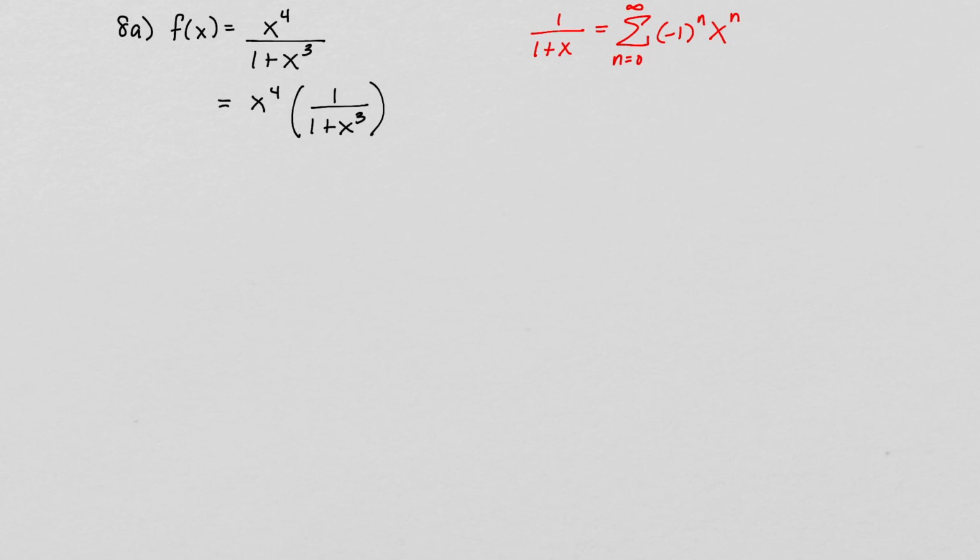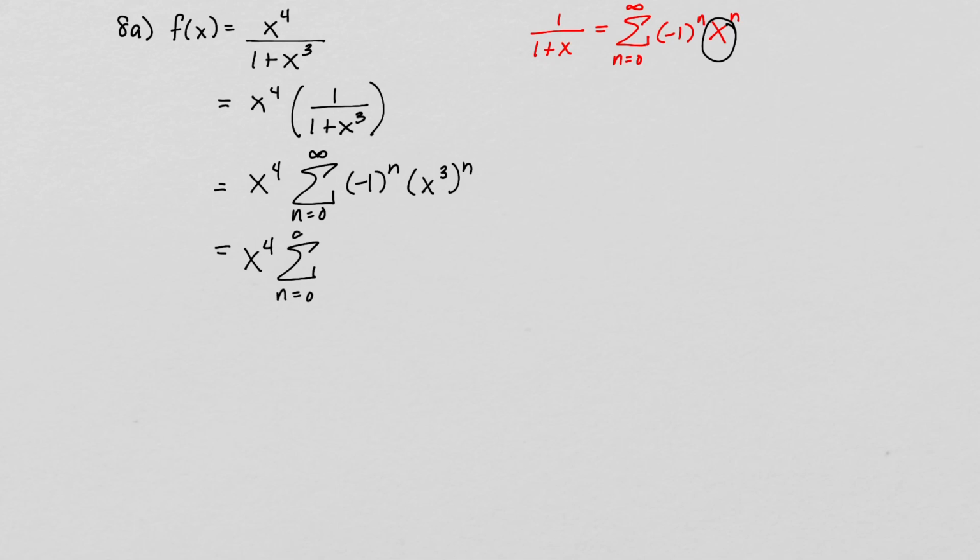So our series should be x to the 4th, summation n equals 0 to infinity, -1 to the n, and then instead of an x to the n, we're going to have an x cubed to the n. So I really have x to the 4th, summation n equals 0 to infinity, -1 to the n, x to the 3n.